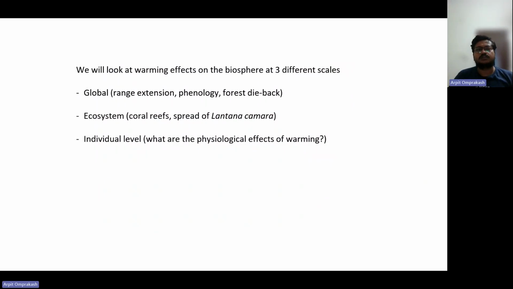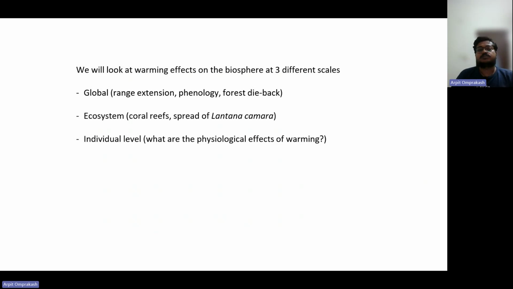In the third lecture, we started looking at warming effects on the biosphere at three different scales. The first was global scale, where we talked about range extension or phenology change, which talks about the change in the time when animals or birds are getting active. They're generally active at a specific time of the day.